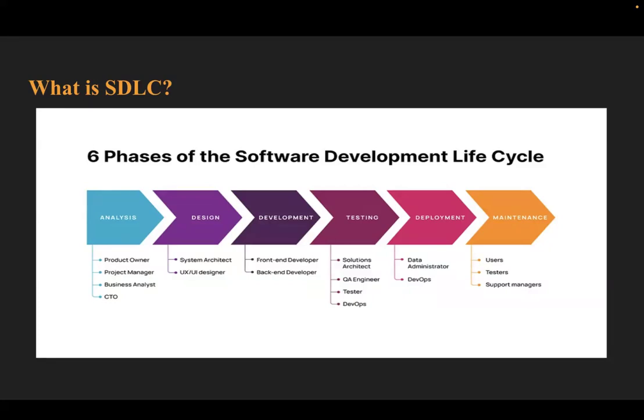In this phase, developers also write test cases, which we call unit test cases, using frameworks like Mockito, PowerMock, and JUnit. These frameworks are used by the developers in the development phase to develop the applications.